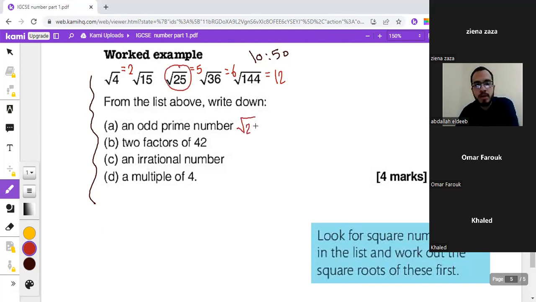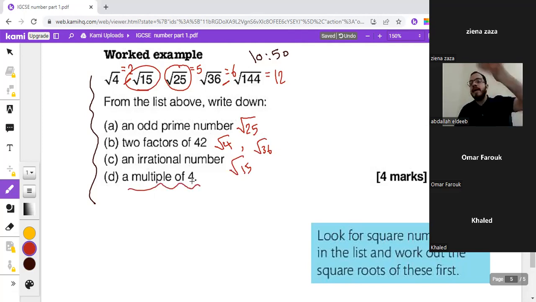It's better to write the original number, not the answer. 2 factors of 24 are 6 and 2, meaning root 4 and root 36. An irrational number, root 15. A multiple of 4, the multiple bigger than the original number. So the multiple of 4 is root 144.